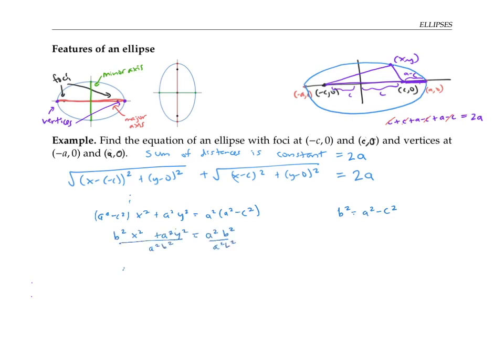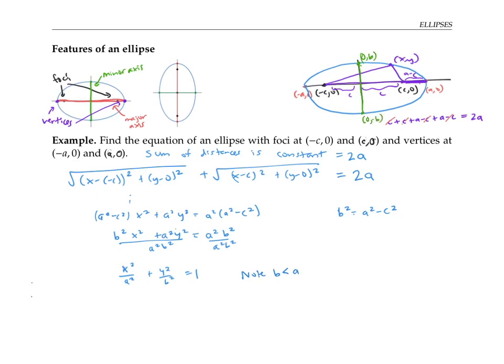this gives us the form of the equation for the ellipse: x²/a² + y²/b² = 1. Since we got b² as a² − c², it follows that b is less than a. In fact, b is half the length of the minor axis. In other words, this point right here is the point (0, b), and this point is the point (0, −b).